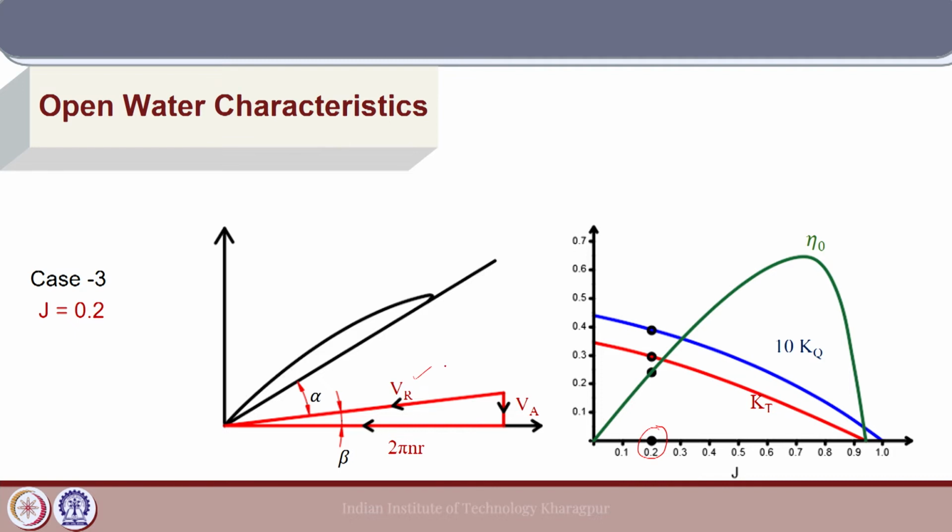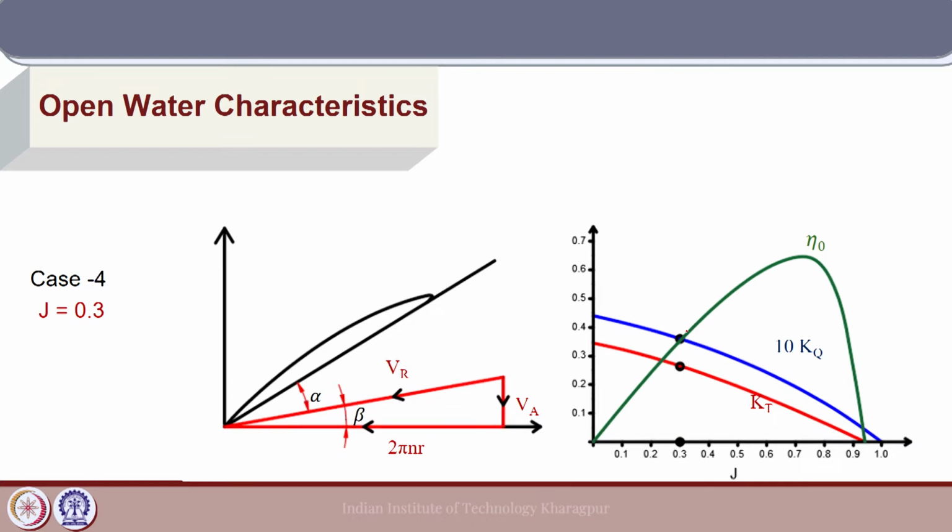Vr is inclined at a slightly higher angle, which results in a smaller angle of attack alpha compared to case 2. So, in the same way, our Kt and Kq will gradually reduce as we increase the value of Va. Now, Va increases keeping the RPM the same, which means that J is increasing.